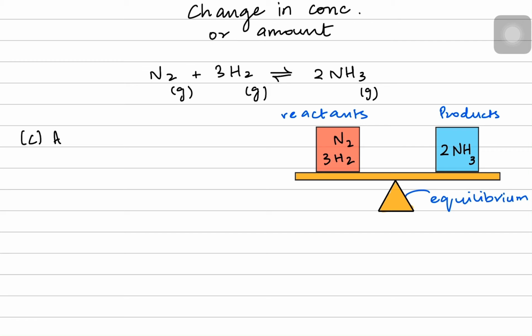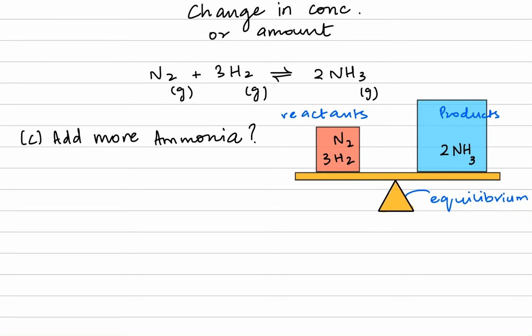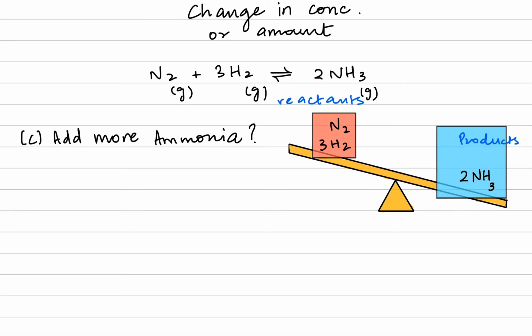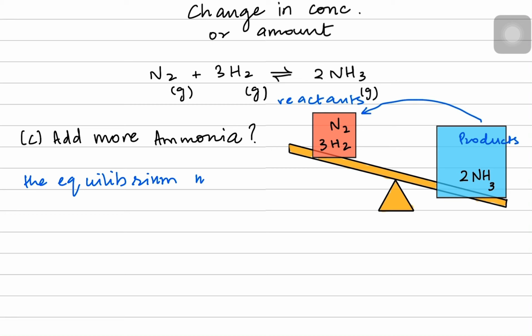In a third scenario, this time you are adding more ammonia. Imagine you had ammonia in some other container and you bring it and add it here. So the amount of ammonia increases and that is again causing destability. So the equilibrium will move towards the backward direction, or you can say the reverse reaction will be favored.